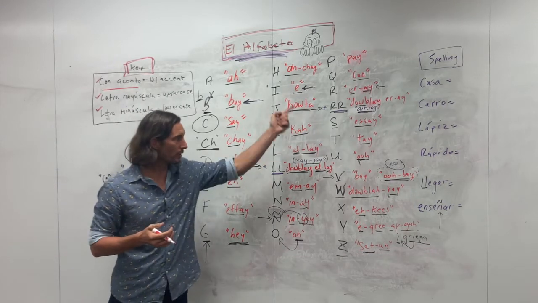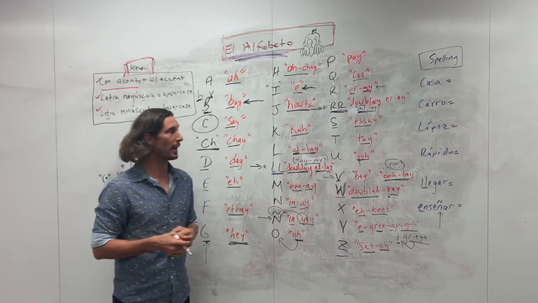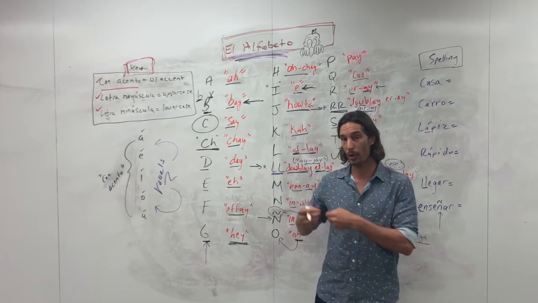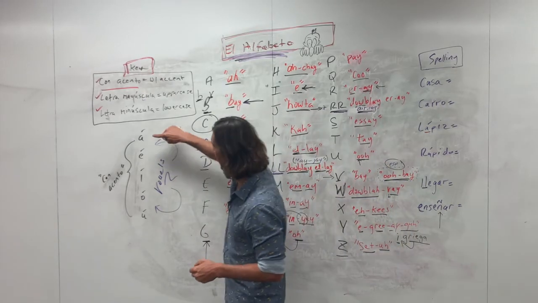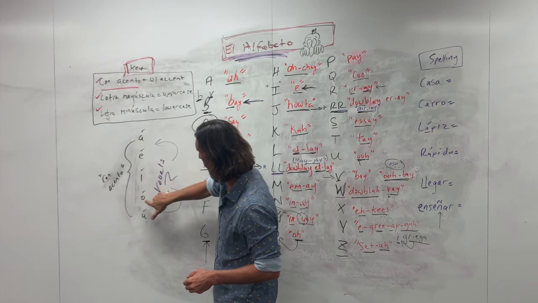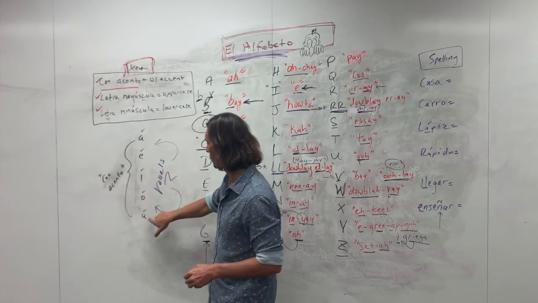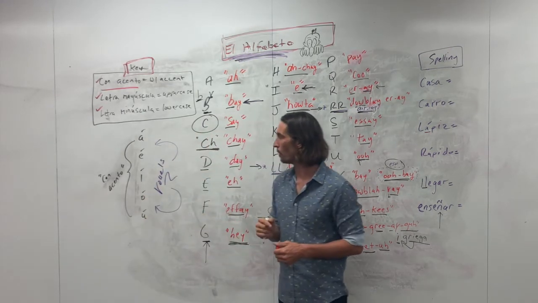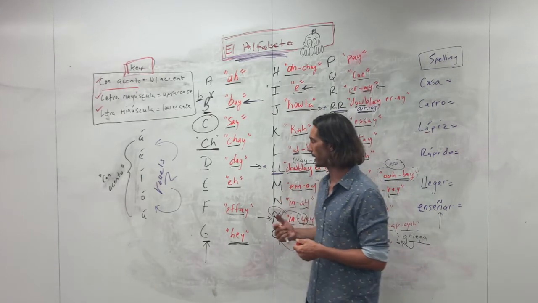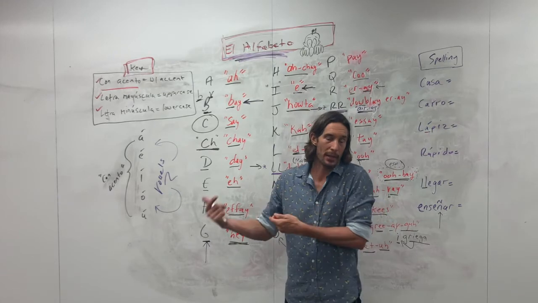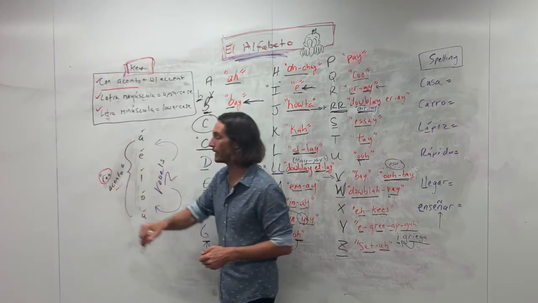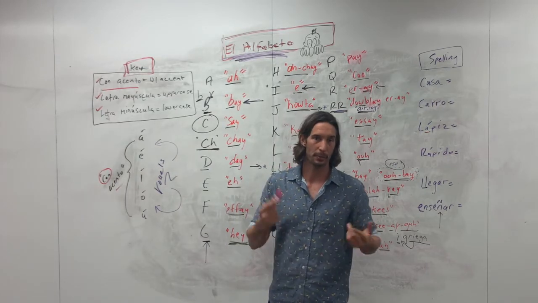And so when I start spelling those, you might hear me say, for example, A, the letter A, con acento. And so this would be A con acento, E con acento, I con acento, O con acento, U con acento. And so those are the vowels with accents over them. And like I said, to say A with an accent, you'd say A con, meaning with, and then acento, a bit of a cognate, which means accent.